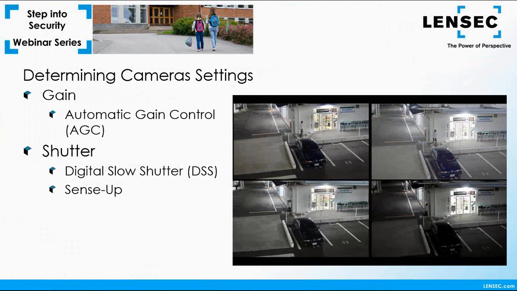Now, some cameras provide a digital slow shutter, which is called DSS, or another feature called Sense Up. These are basically interchangeable terms. Different camera manufacturers use different terminology for this feature. The tech here is a camera feature allowing the user to select a slower shutter speed than is typical in security cameras in order to let extra light into the camera.